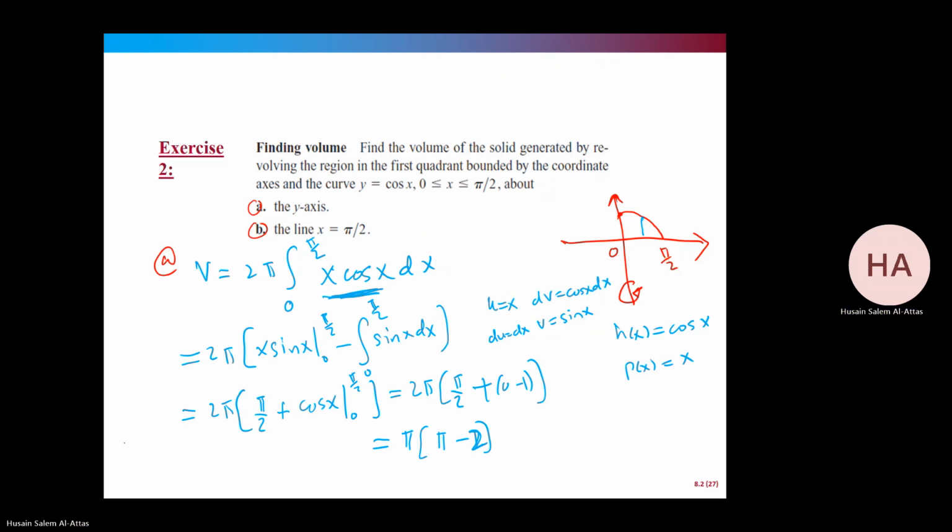Okay. Now we'll do the second one. About the line x equal pi over 2. So this is the graph of the function. That will be cosine. This is 1.